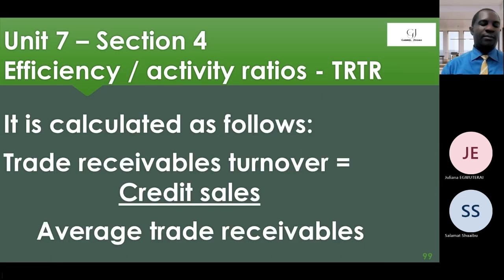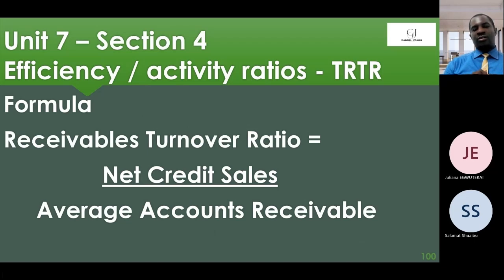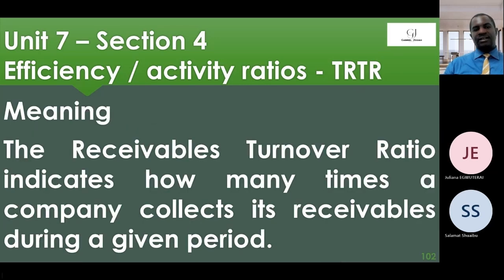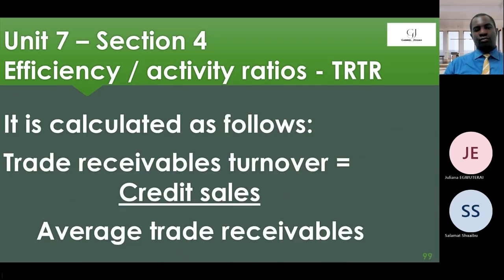So the formula is clear. Just like the other one, we have the numerator as average trade receivables divided by credit sales times 365. No, this one is credit sales divided by average trade receivables, where your credit sales is the total credit you provide for the year, and the average receivables is the beginning and the ending divided by 2.